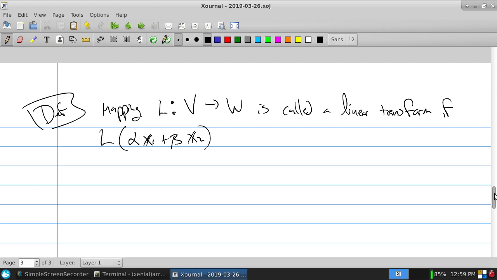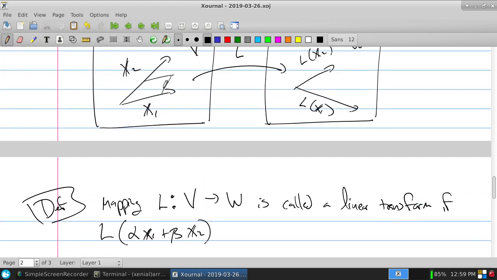On the left-hand side, I do my parallelogram rule, figure out what the result would be, and then map the result. I'm going to restrict myself to the special transforms such that mapping the result is the same thing as taking where x1 went and where x2 went, with the exact same combination.